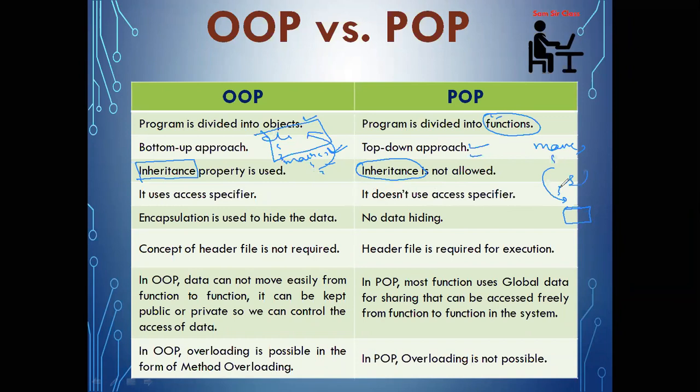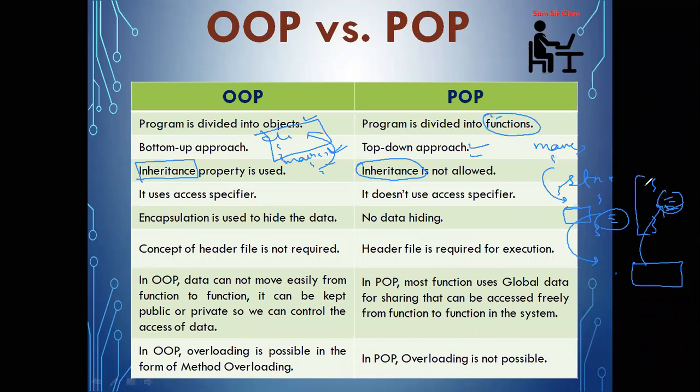In a structure, whenever you are defining any data, all those data can be accessed outside the structure by using the structure variable. Clear? But here in object-oriented programming language, if you are defining data inside a single block of code, those data cannot be accessed freely outside that particular block. You need to provide permission.